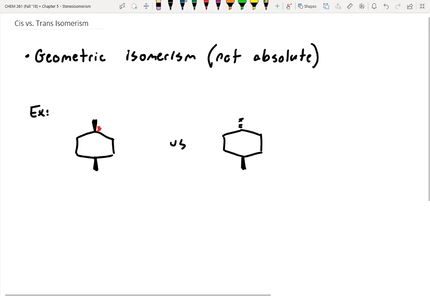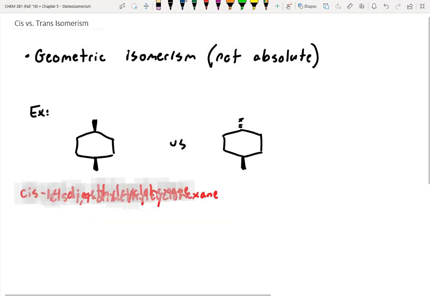All right, so we can't assign either of these as R or S, which makes our lives a bit trickier. This is an appropriate situation for using cis and trans, right? If you can't use R and S, use cis and trans. So the one on the left would be cis 1,4-dimethylcyclohexane. The one on the right must be trans.